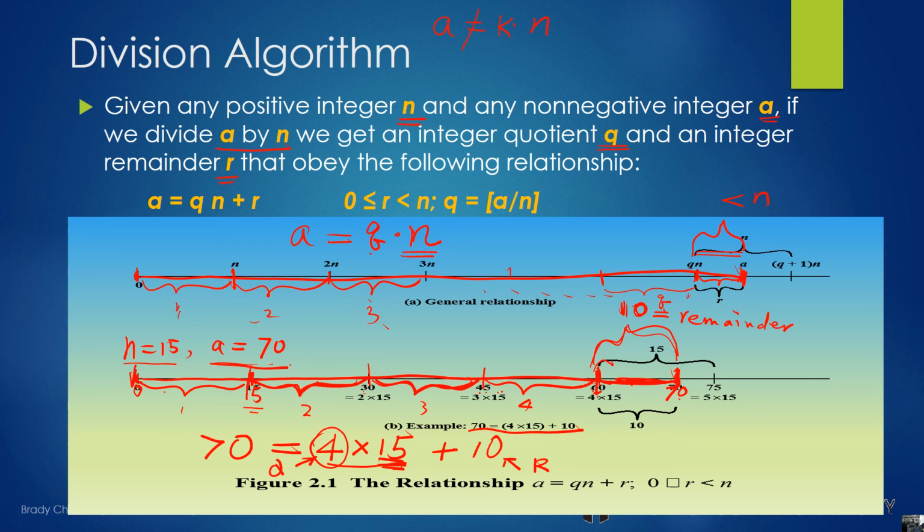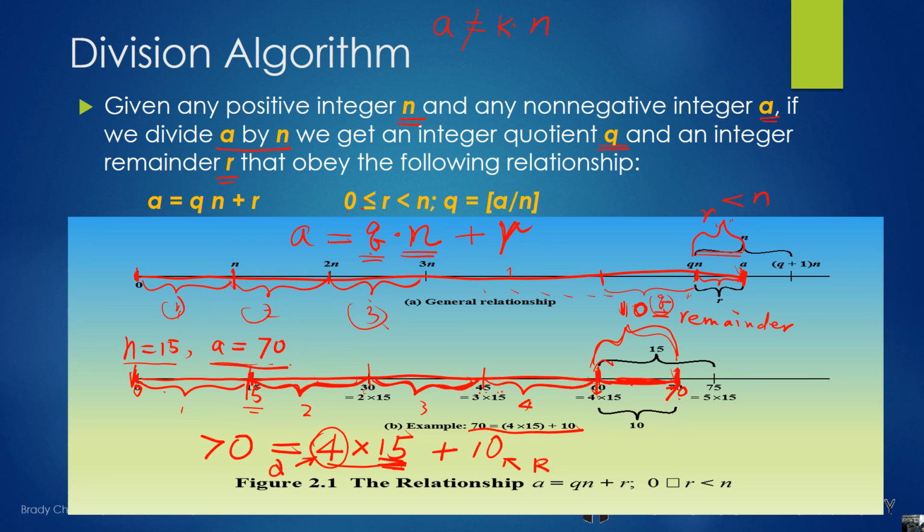Q is the number of the fragments of length n. So that's the quotient, plus the remainder, which is R. We know that R is less than n and greater than or equal to 0.